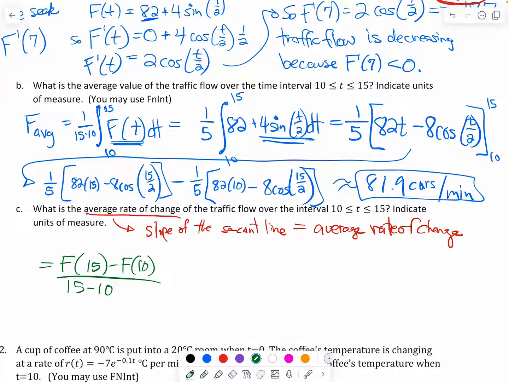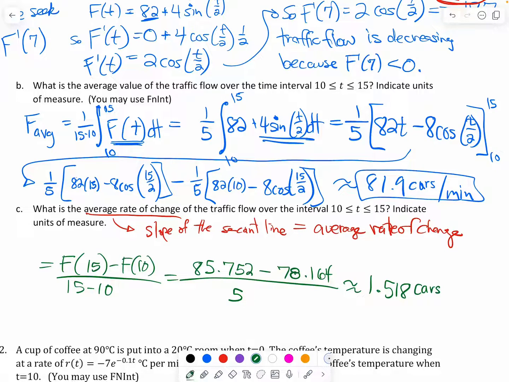And you've got to find values for those. F of 15, I put them into the calculator. I get 85.752 minus 78.164 over 5. That is roughly 1.518 cars per minute.